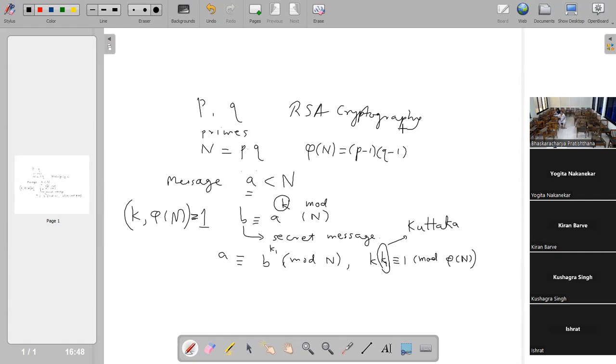So you see that when you do encryption, you have B equal to A raised to K, and when you do decryption, you have A equal to B raised to K1. So this is powering, and K and K1 can be very large numbers. To get these very large powers of A and B, we use the method called the repeated squaring method.